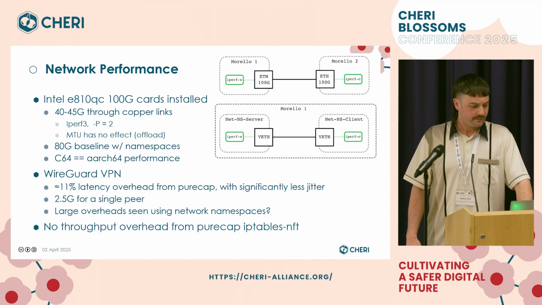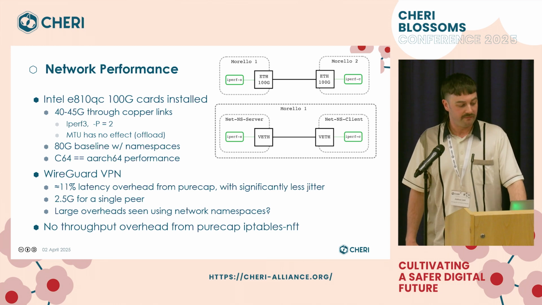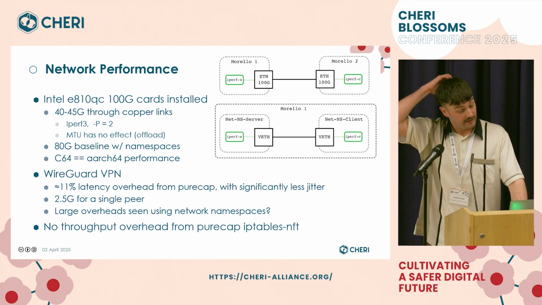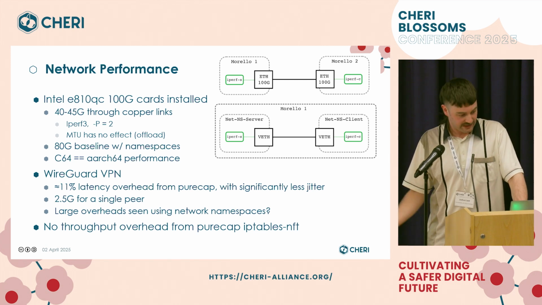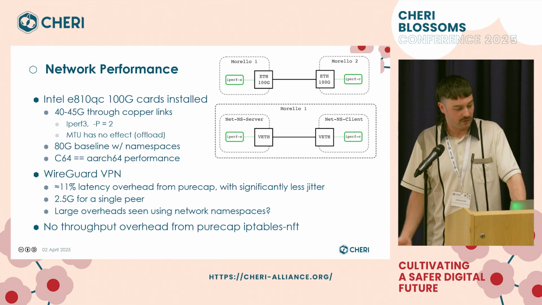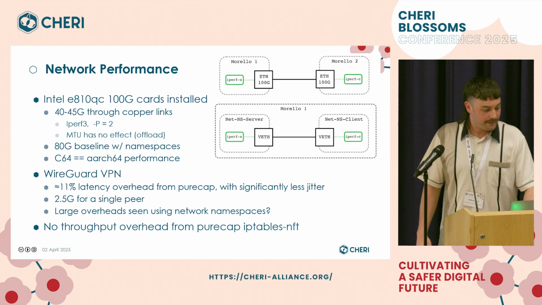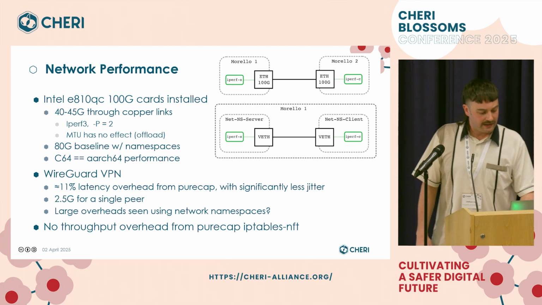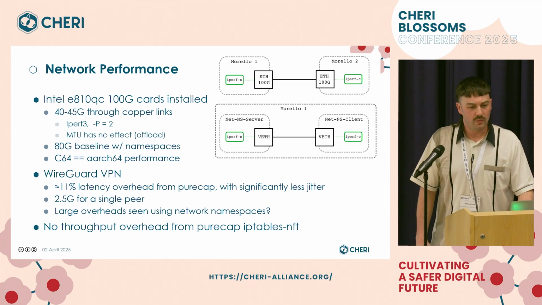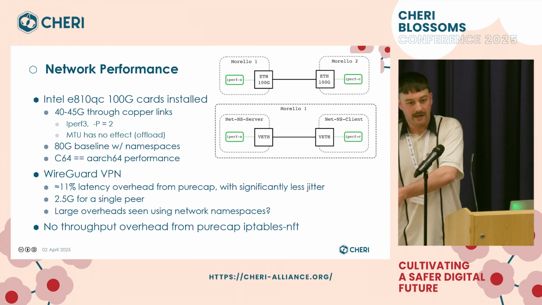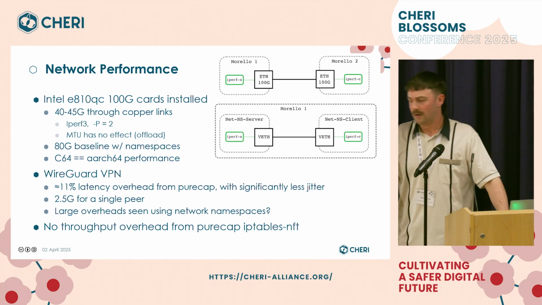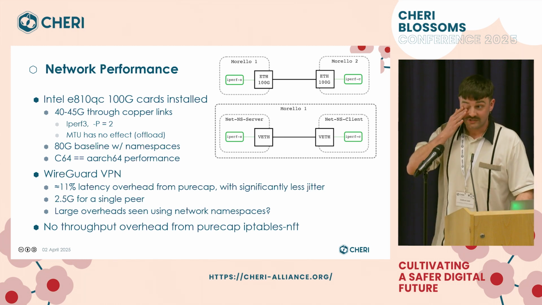We were able to achieve about 45 gig through those links, which I think is what you would expect, given the 4-core machine. With WireGuard, there was about an 11% latency overhead in Linux Morello compiled with the PureCap user space ABI, as opposed to not, although with a lot less jitter.